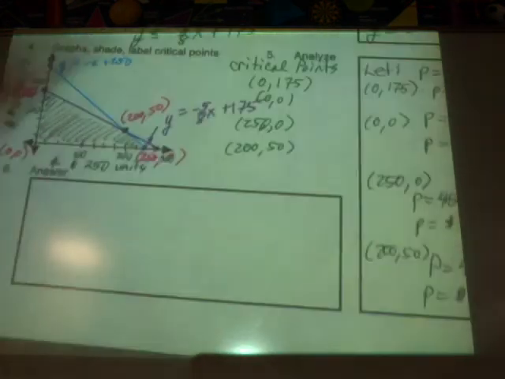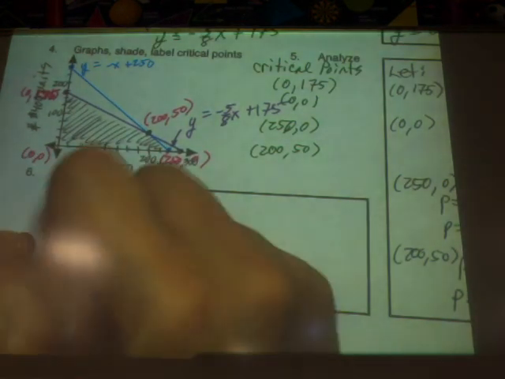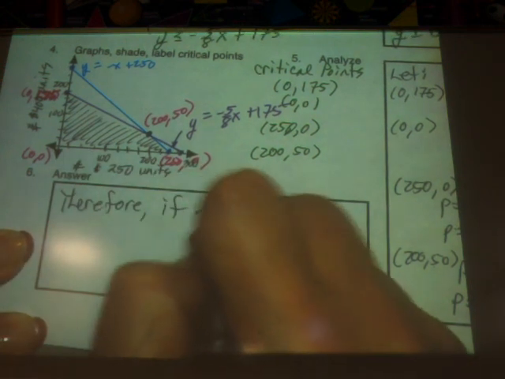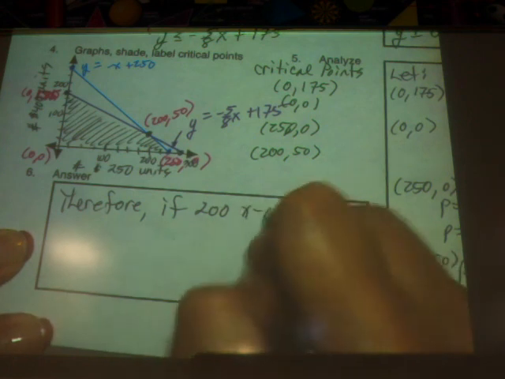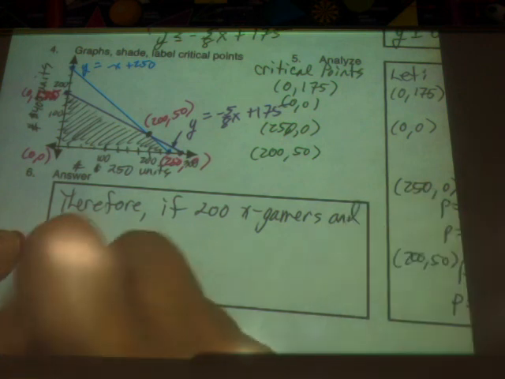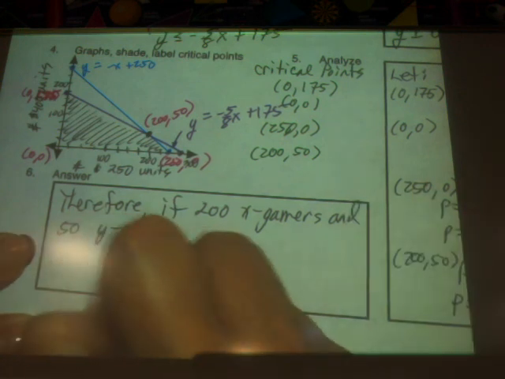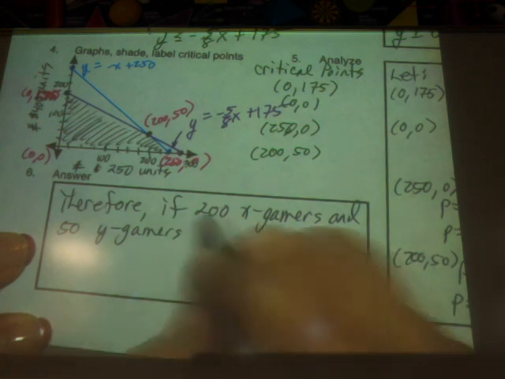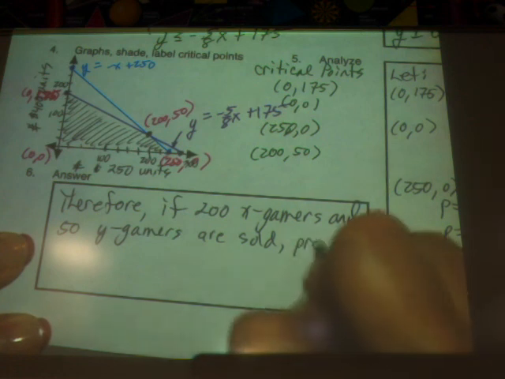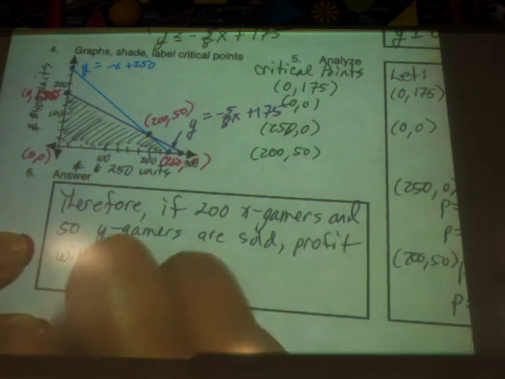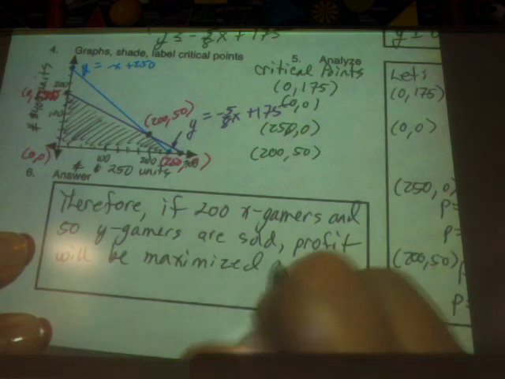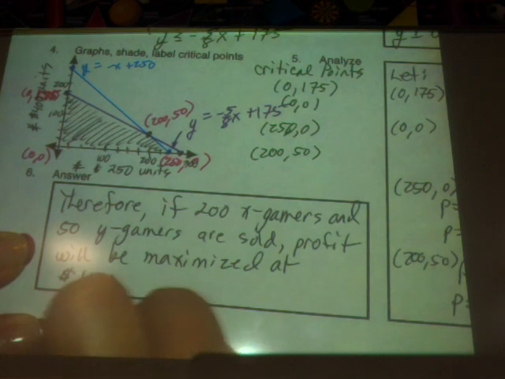Yeah, so our conclusion is, therefore, if 200 X gamers, right, and 50 Y gamers are sold, profit will be maximized at $11,500.